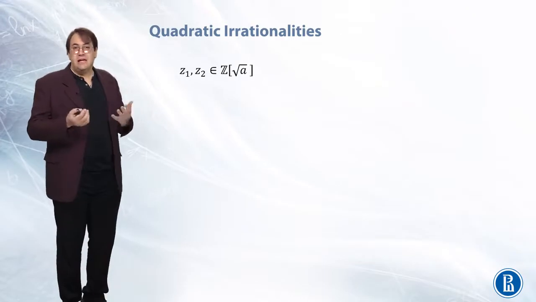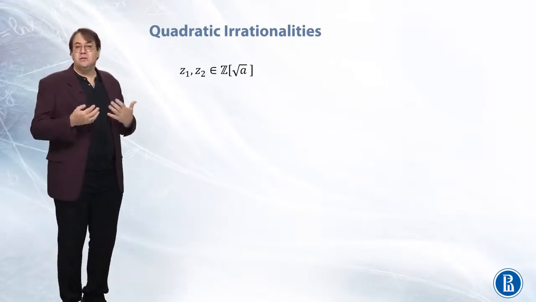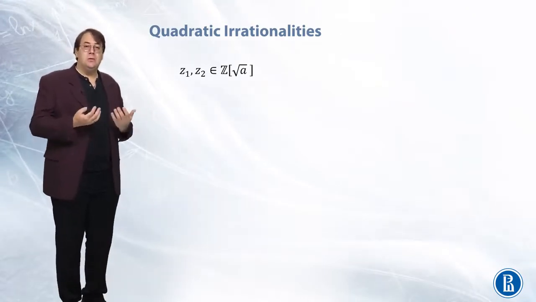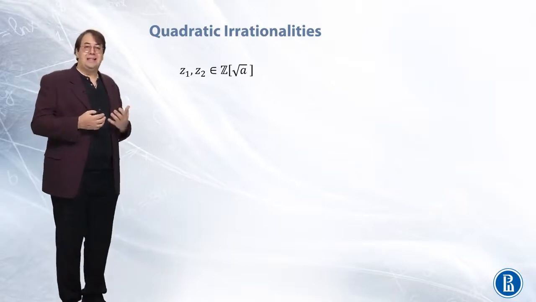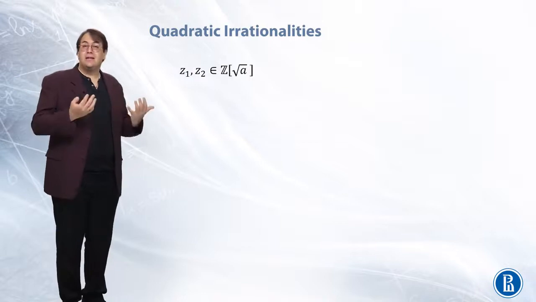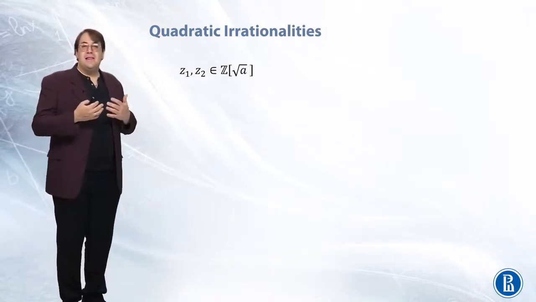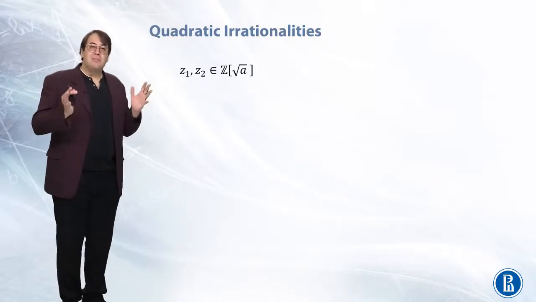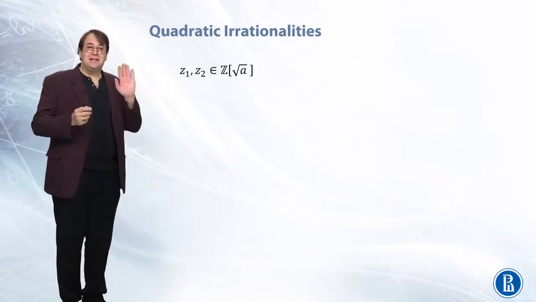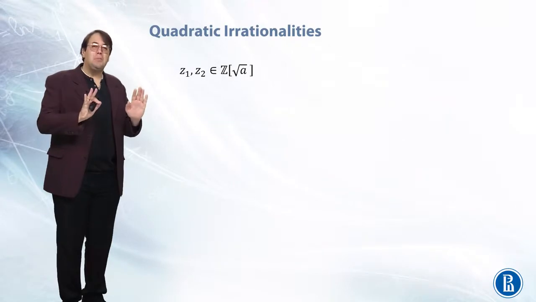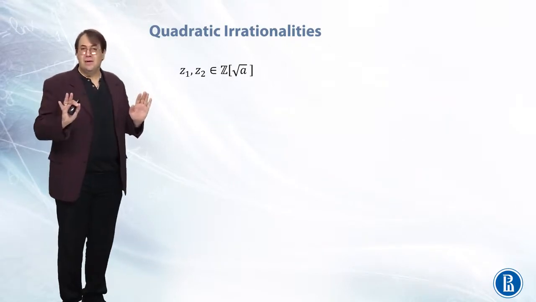Well, for instance, if we take two quadratic irrationalities, which means we take two numbers, z1 and z2, that belong to the set Z of square root of a, which is, may I remind you, the set of all real numbers that can be represented as integer plus integer multiplied by square root of a.